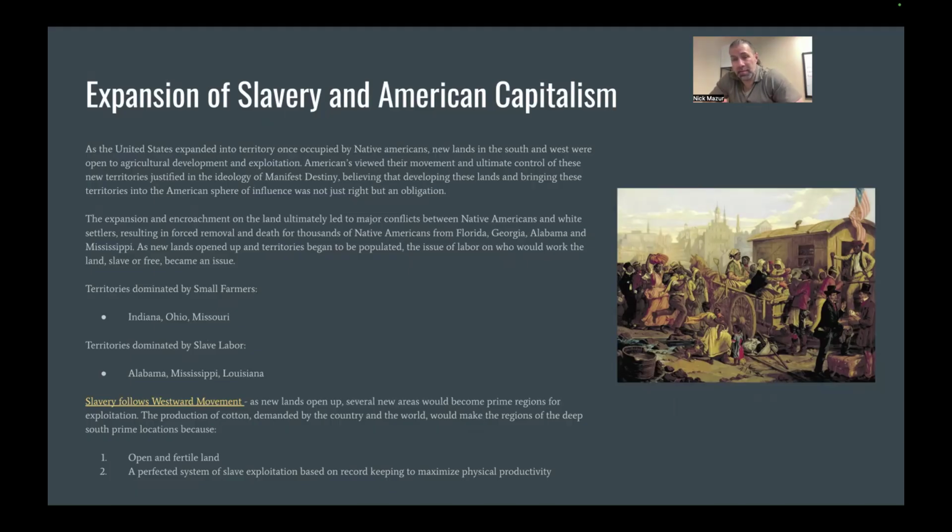We have a new form of exploitation where slave owners essentially figure out how to maximize production.